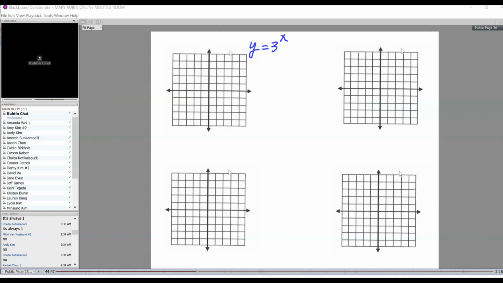On this one, I want you to graph y equals log base 3 of x. Now, there's a little button that allows you to do a log base. I'll put the keystrokes for that in just a second, but in the meantime, go ahead and graph those. Sketch an itty-bitty graph for yourself. Look at the characteristics of it.